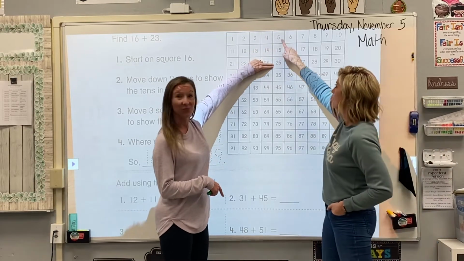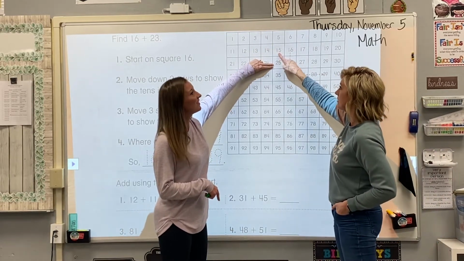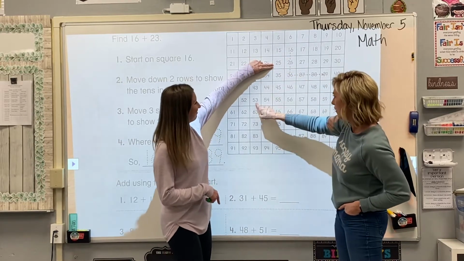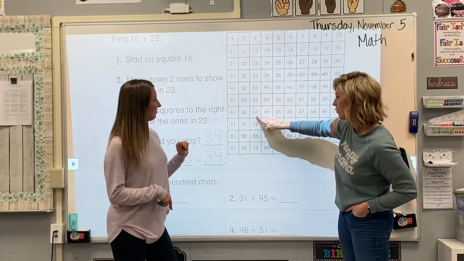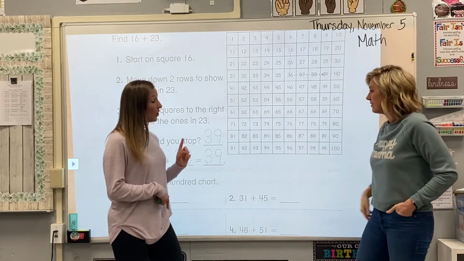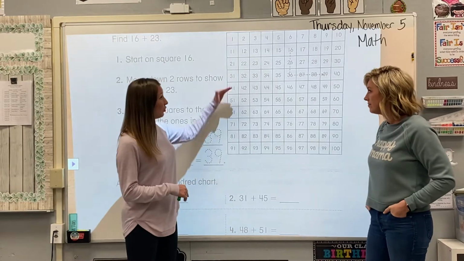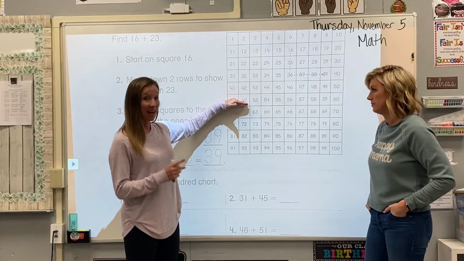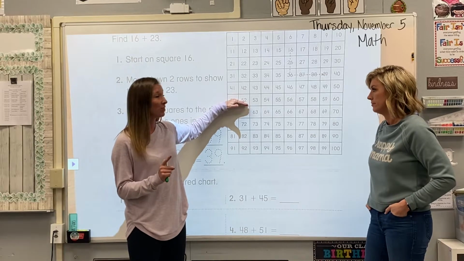Yeah, because if I get from 5 to 15, I just added 10. 15 to 25 is 10 more. I could go over to 53 and go down one group, and I'm 10 more. All right. So, would you agree that if you move down a row, we add 10? Yes. All right. That is going to be very important for today's lesson.